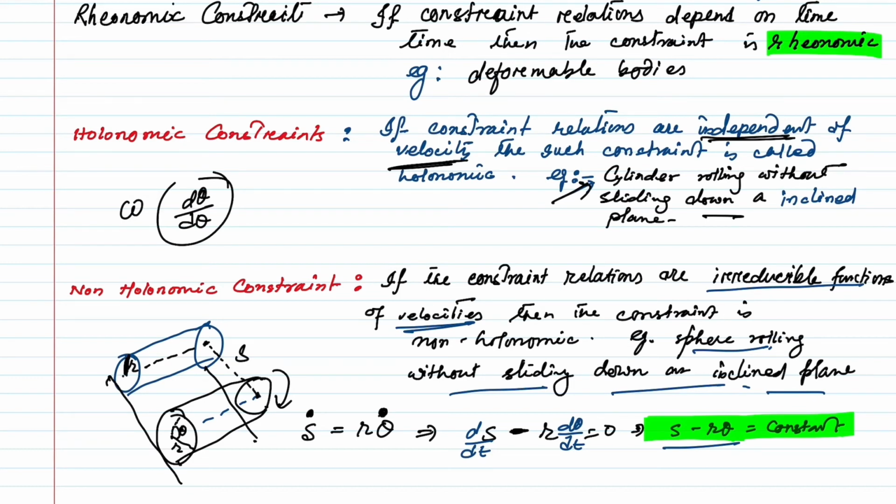This omega is generally not expressible in the form of a total time derivative of any single coordinate, and so it is non-integrable. We cannot integrate or reduce it. That's why a sphere rolling down an inclined plane is non-holonomic.